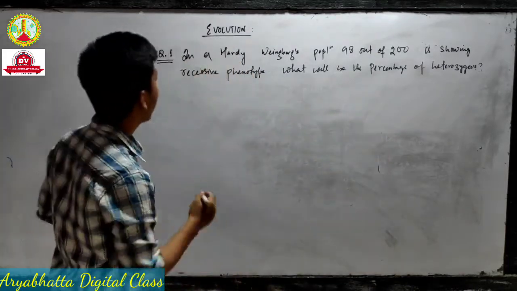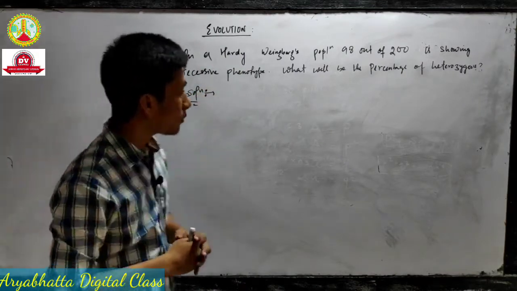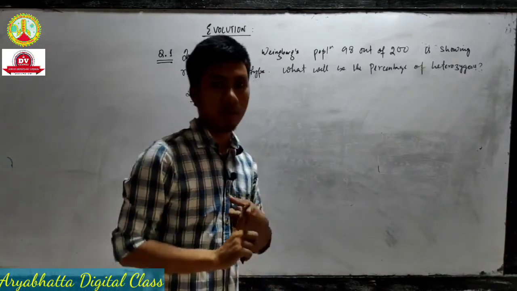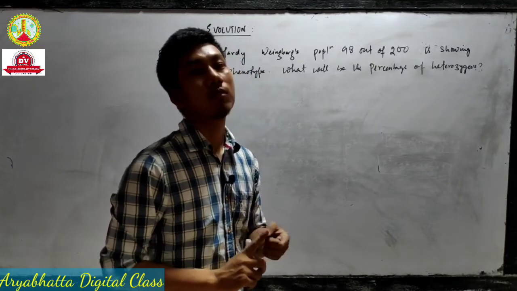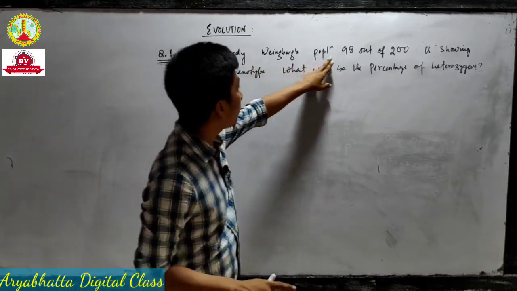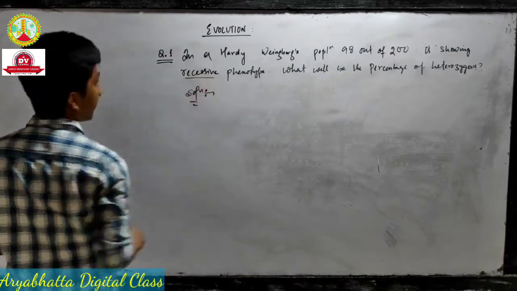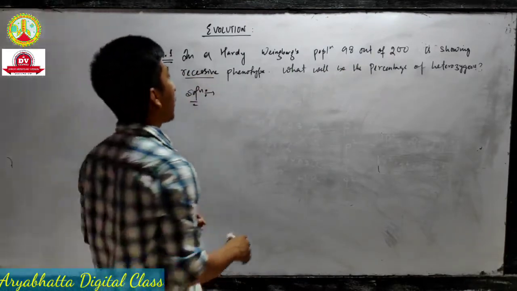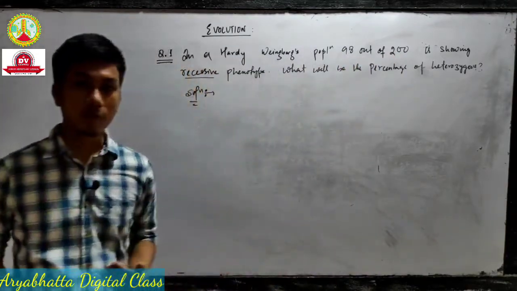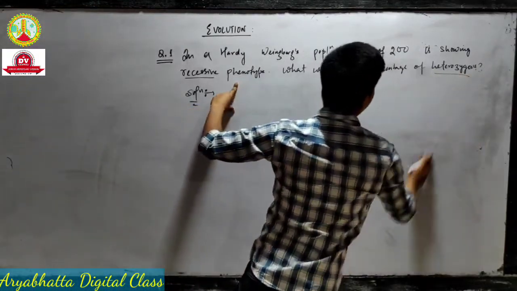So first, let's do it. What is the value given? Whenever the question mentions recessive and dominant, always remember that recessive means Q, dominant means P. Out of 200, 98 individuals are showing the recessive phenotype, and we need to find the heterozygous in percentage.